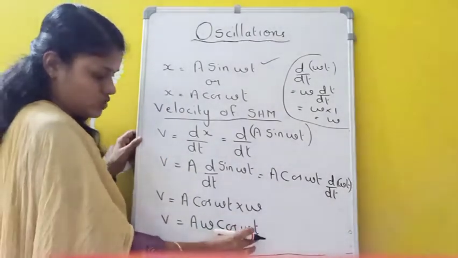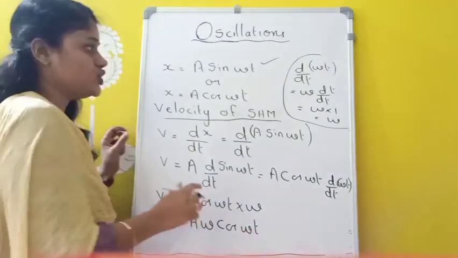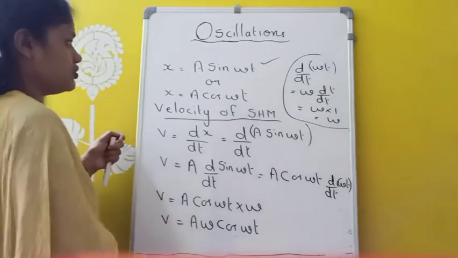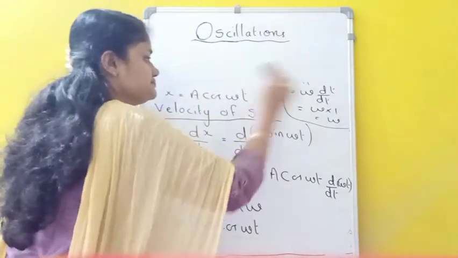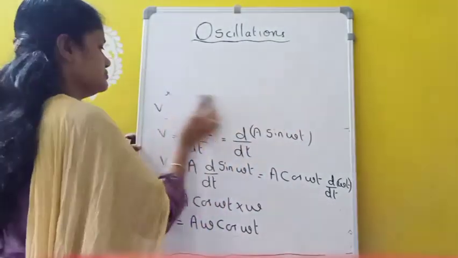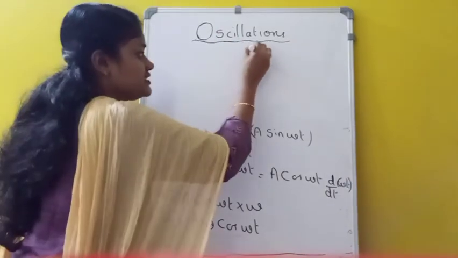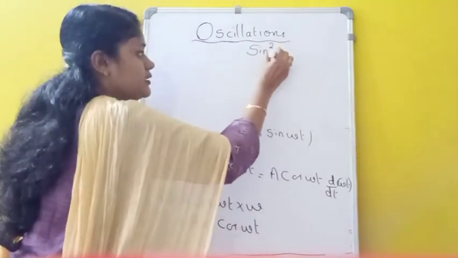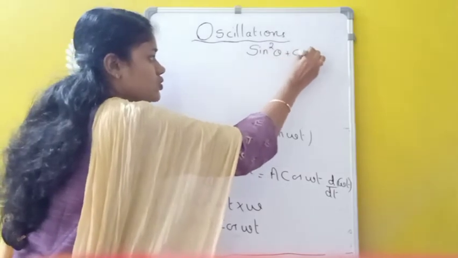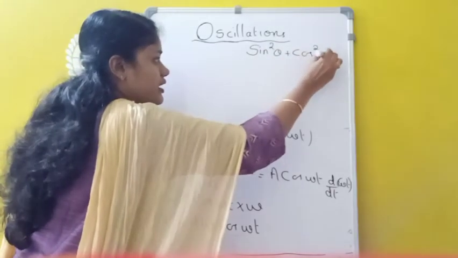Now I am writing this cos omega t in terms of sin omega t. In trigonometry you studied sin square theta plus cos square theta equals 1.